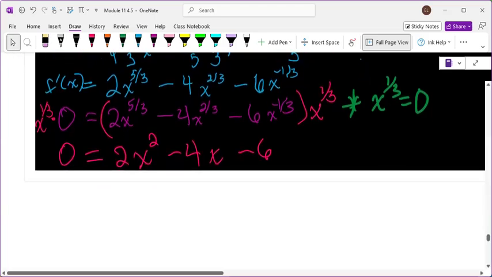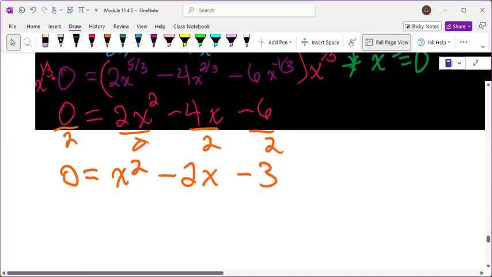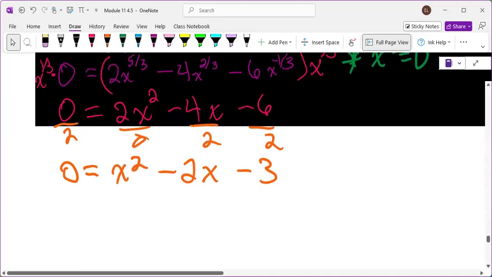So now we're going to solve this. Well, everything there is divisible by 2, so may as well get rid of that. X squared minus 2x minus 3. So Cal 1, Cal 2, pretty much anytime we ask you to solve a quadratic, it can be factored.